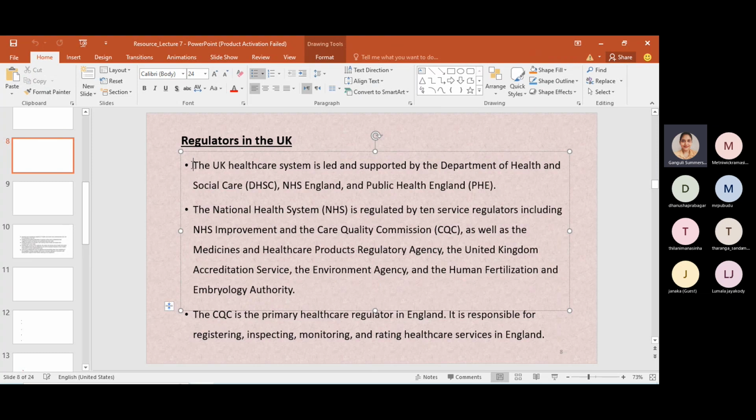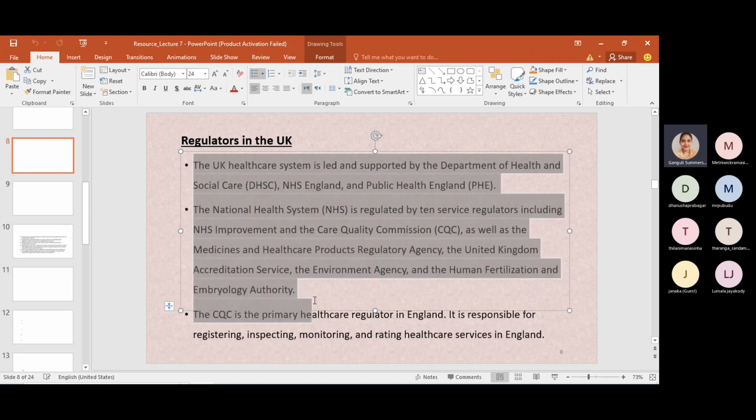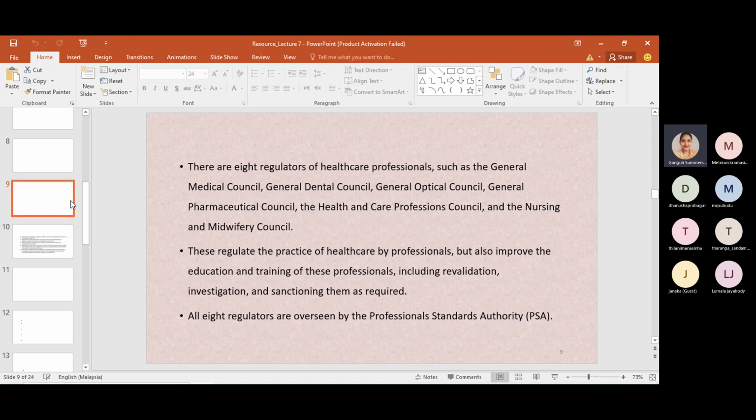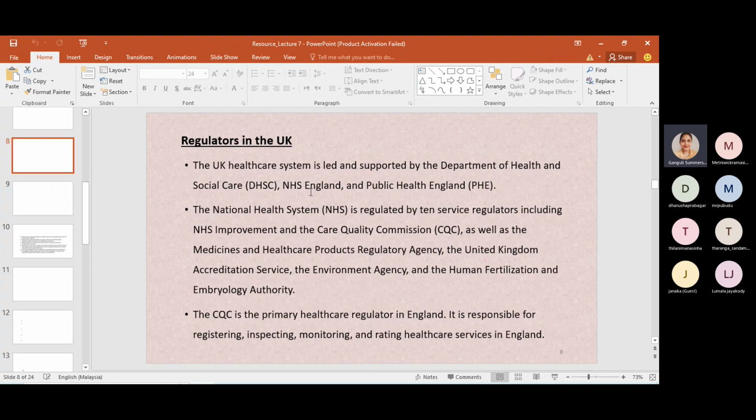Here you will learn about regulators in the UK, because this diploma is also a UK qualification. From here onwards, you will learn about lots of health and social care regulators available in the United Kingdom.